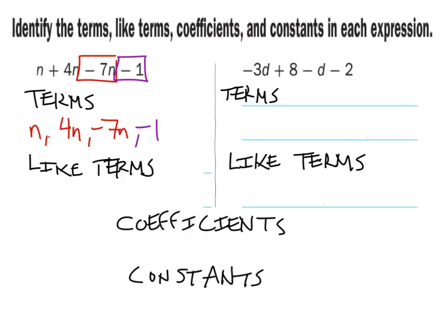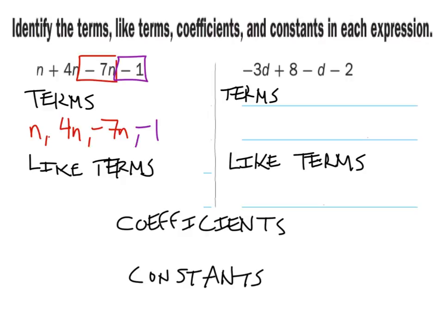Now we don't usually write the positive signs there, which is why you don't see those. But you can if that is helpful for you. But just know that usually we don't. Okay, those are the four terms.